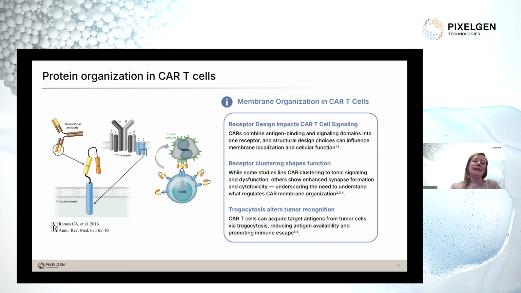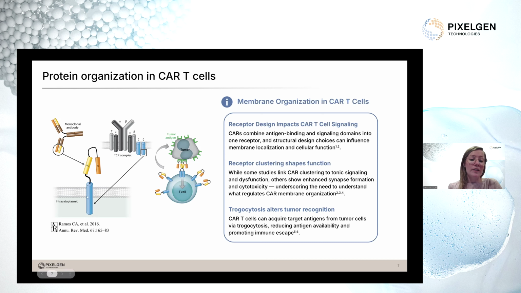What is really interesting and kind of the first note here is that depending on how you design this CAR receptor and exactly which elements you put in this receptor, it can really impact the organization and the cell signaling. So, for example, different transmembrane domains can cause the receptor to aggregate or not, and this can influence tonic signaling, for example.